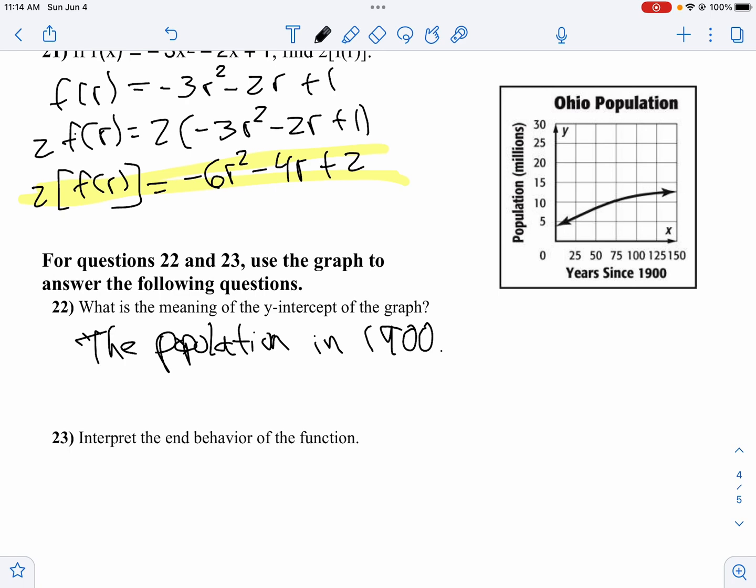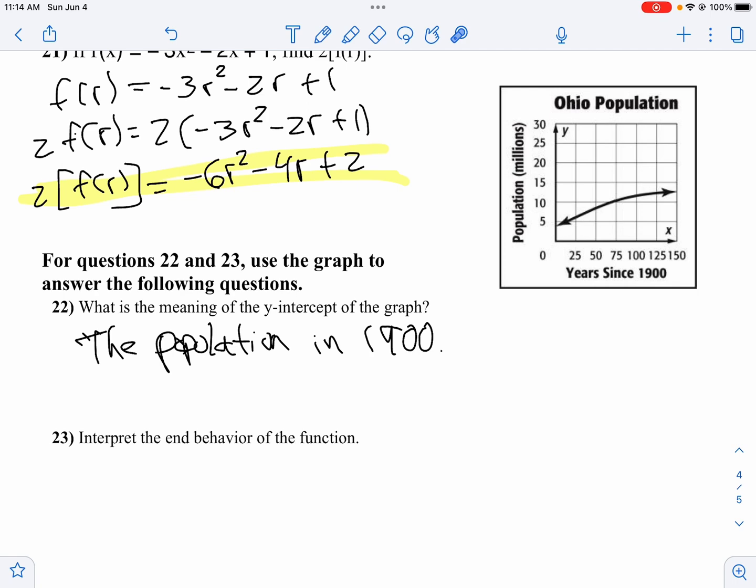When you have questions like this, don't read more into the question than I'm asking. I'm just asking for the y-intercept. I'm not asking you to describe the whole graph. I'm not asking for the x-intercept, just the y. I'm not even asking what the y-intercept is. I'm just saying, what does it mean?